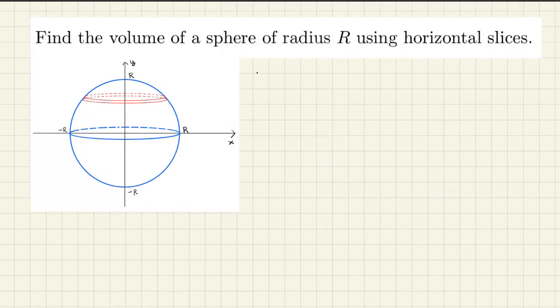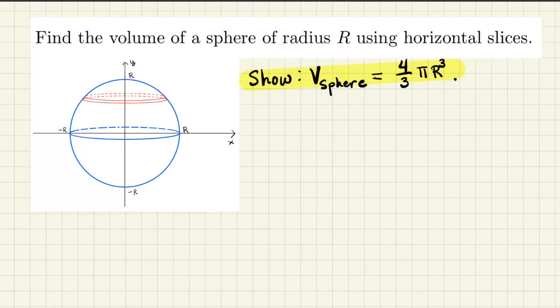We want to show that the volume of the sphere with radius r is equal to 4/3 pi r cubed. Okay, so that's what we want to show. But how do we use this? How do we use volume by slicing to derive this formula?